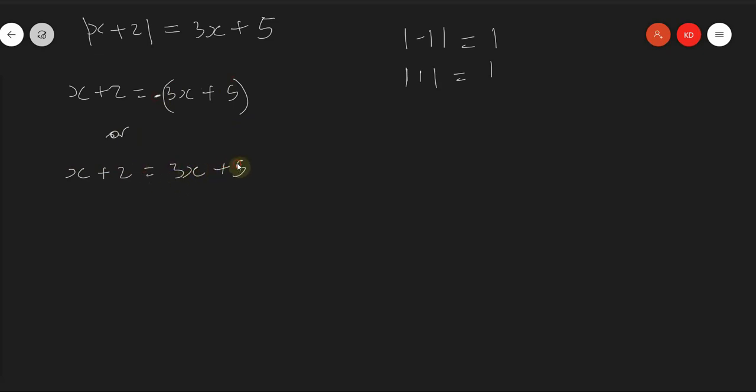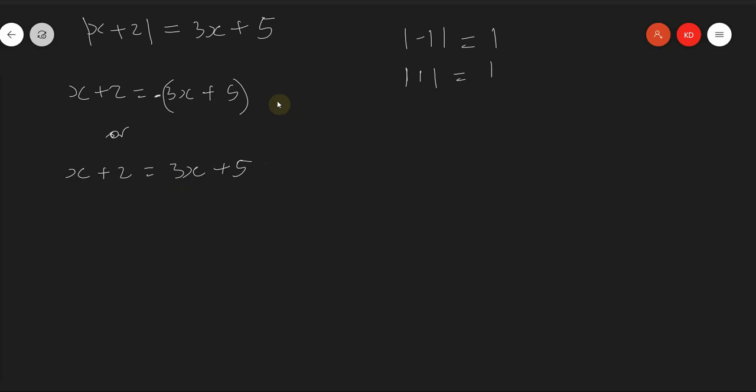So it can be an instance where you have a negative outside there, or an instance where it's just positive. So we would solve for x in both cases to get the two possible values for x.